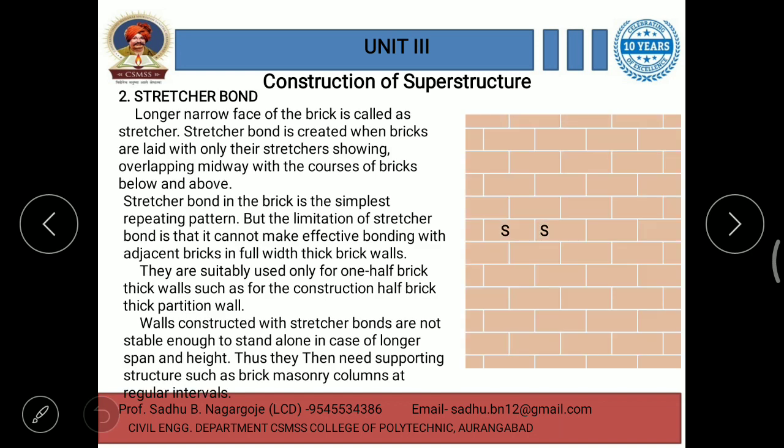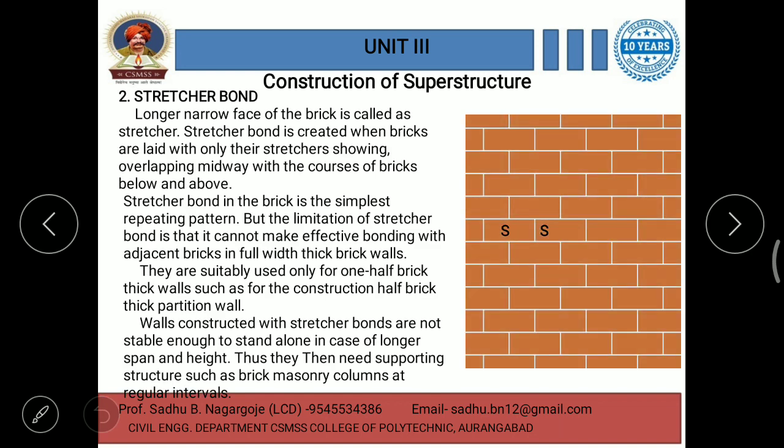Then the second type of bond is stretcher bond. The longer narrow face of the brick is called a stretcher.